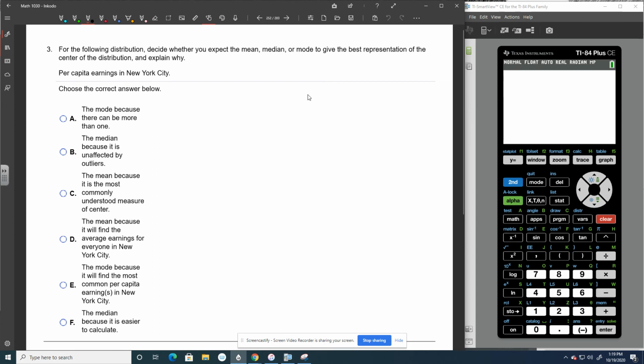If we're looking for the average of earnings, we probably don't want to use the mean, because the mean is going to consider all the people, all the homeless people that make nothing. It's also going to consider the people that make an extravagant amount of money in New York City. Because of those outliers, the mean is probably not the best option to choose. We would probably want to use something more like the median.